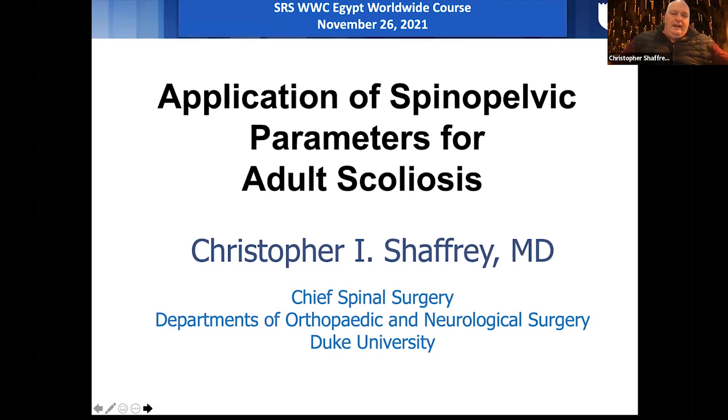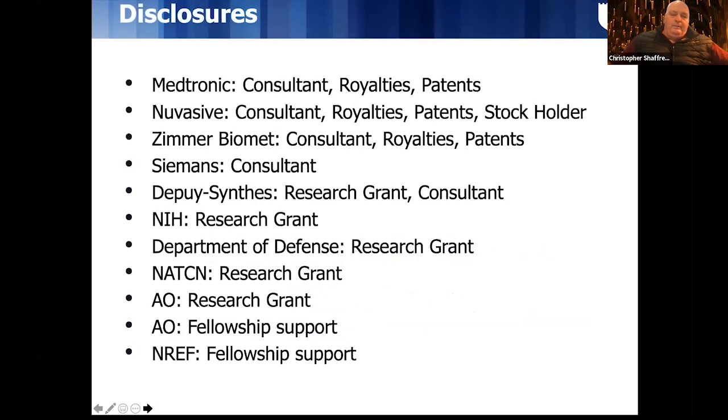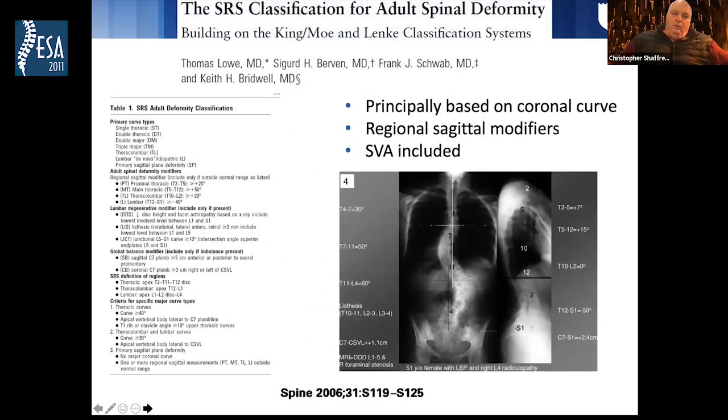So when we go back and look over the last 15 or 20 years, there's really been a radical change in the thoughts as far as how spinopelvic parameters interact with our ability to think about and classify adult spinal deformity.